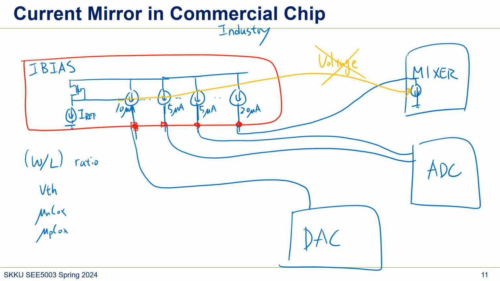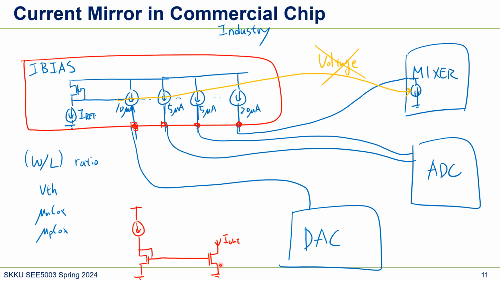If the distance between this and this is very long, then it's highly likely that they are not matched.